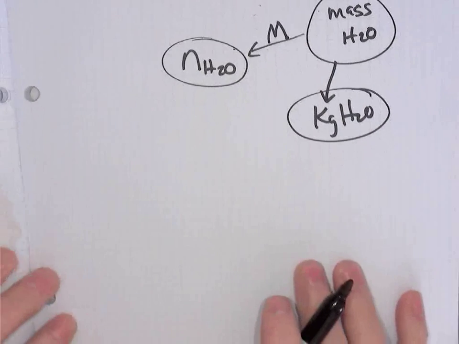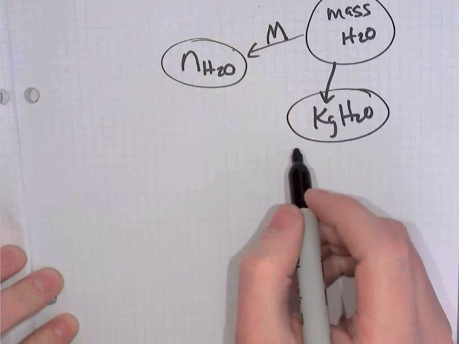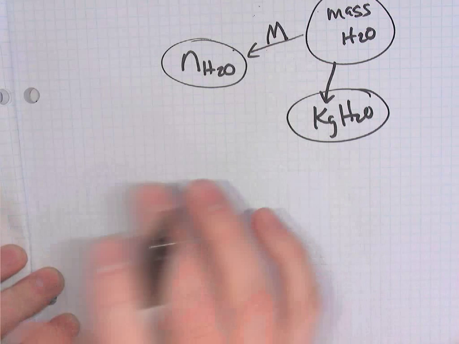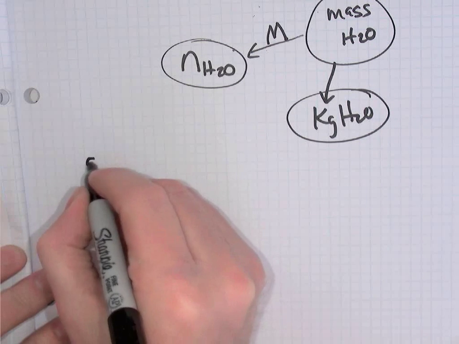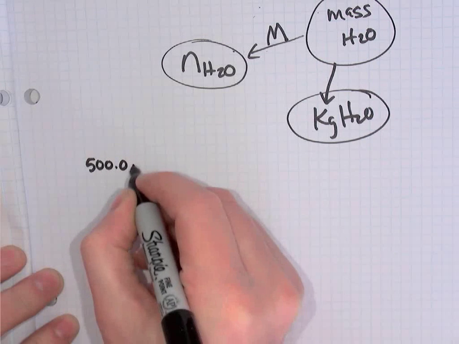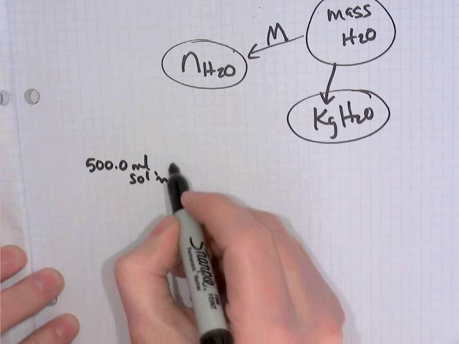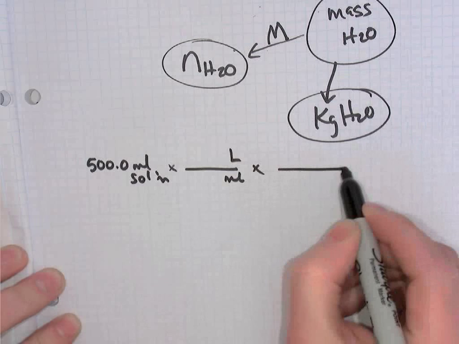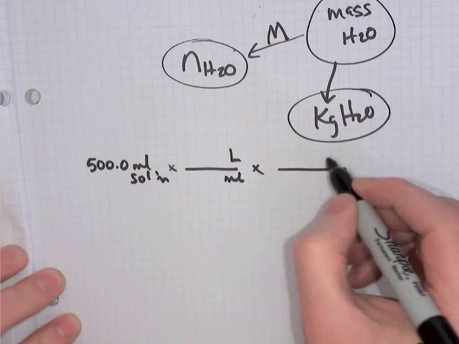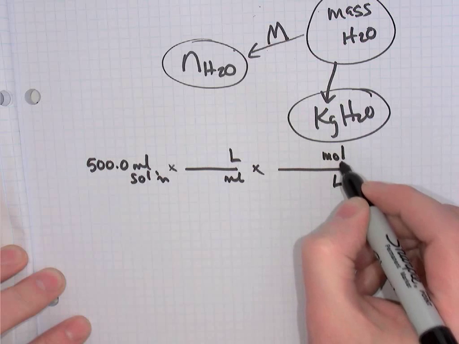So we have the volume of the solution and the concentration. If you want to use your formula, C equals N over V, you could do that. Or I can use a unit multiplier. We have 500 milliliters of solution. And I'll convert the milliliters to liters. And then using the concentration, convert liters to moles of sucrose.